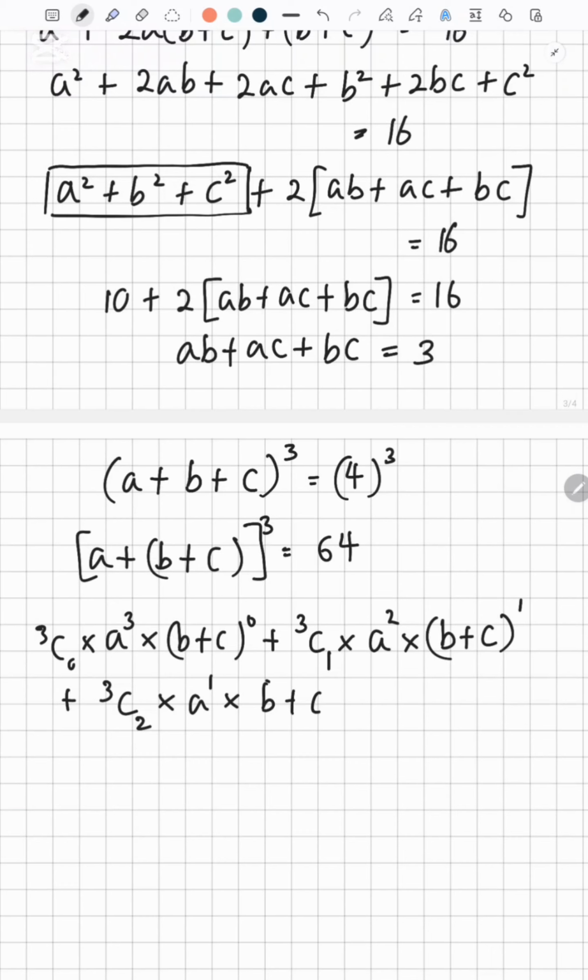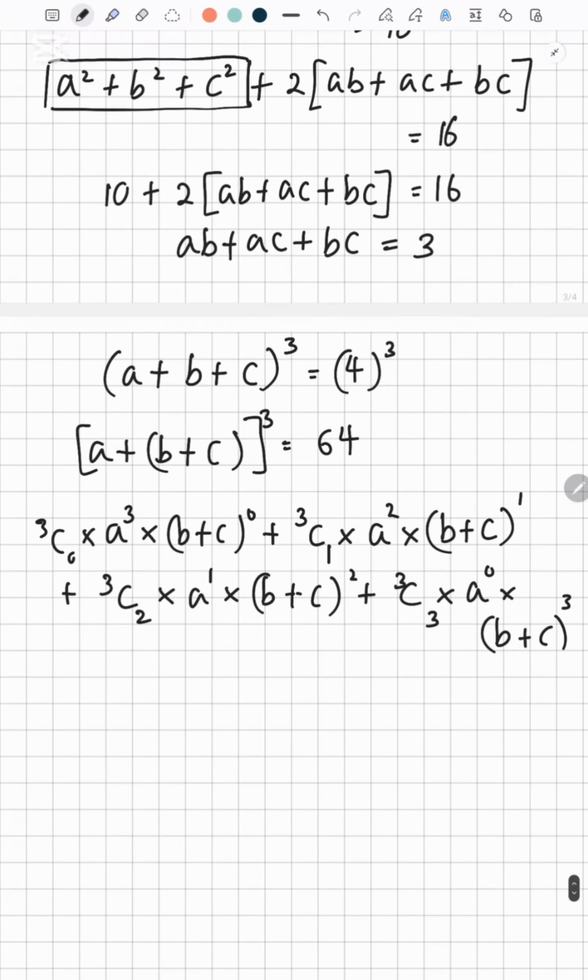Then 3C2 and 3C3, with 3C3 times a⁰ times (b + c)³. I'll write it just a bit below. I'm telling you guys again, if you need help with this, just drop it in the comment section.